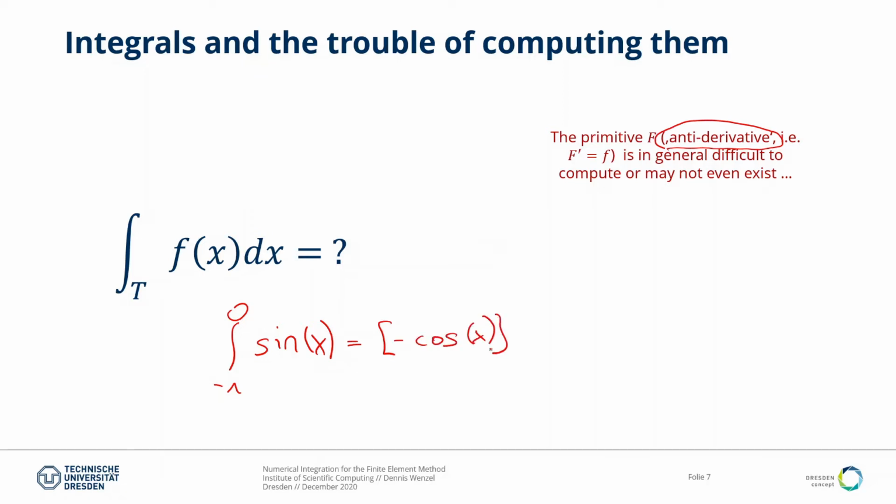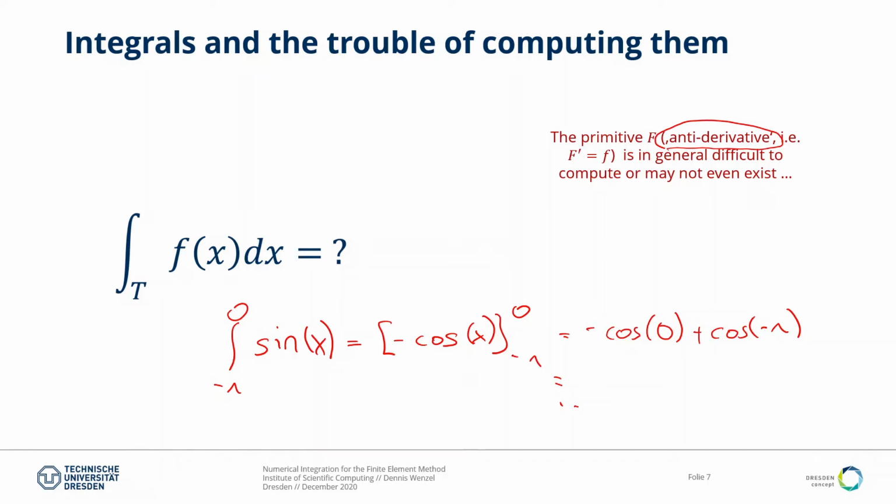And then I can say, well, using the fundamental theorem, that's just -1 to 0 for minus the cosine function. So that's minus cosine of 0 plus cosine of -1. And that's, well, something. Okay?